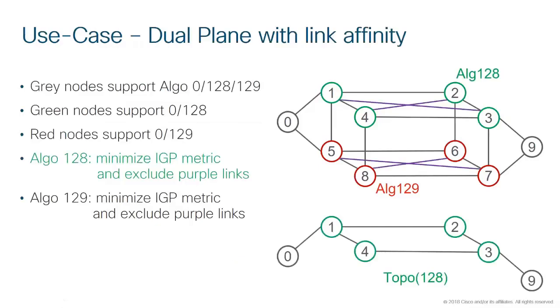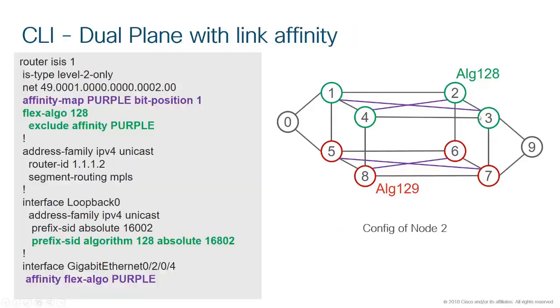Now, here it's an abstract example because I cannot associate it with an obvious use case, but it's just to show how it would work. If, for example, you define algorithm 128 to be a minimization of the IGP metric within the green plane, and you want to exclude the diagonals, the purple links, then you would define it this way. So it's the same as before, but you need to define what is purple.